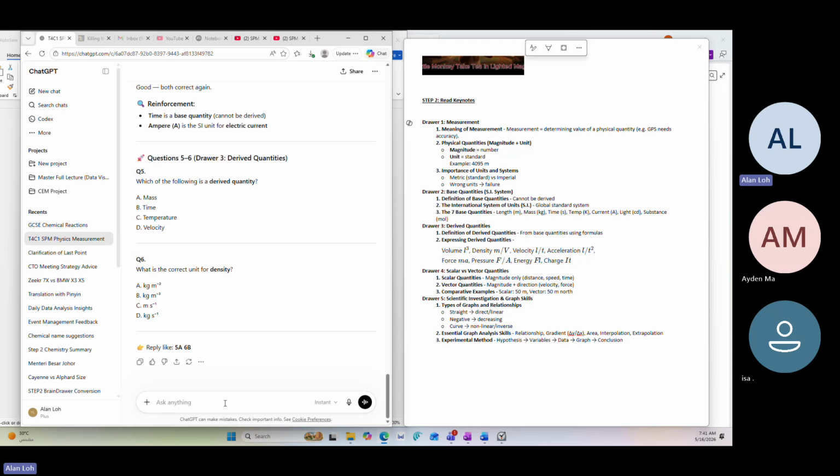5 and 6. Drawer 3, derived quantities. Okay, remember the little monkey story can also help you to answer question 5. 5 is D. 6 is density. Okay, 5 is D. What about 6? Anyone want to try? Xingling, what about you?